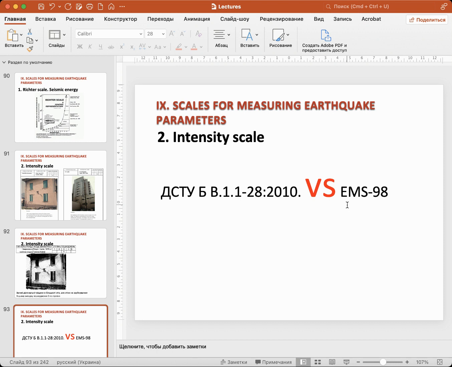It is called MSK after Medvedev, Sponheuer, Karnik: Russian, German, and, I don't remember, Serbian scientists. They created that MSK scale. Then Europeans made this EMS scale, and based on it, we developed our own Ukrainian scale. It is almost the same, but I will show you what differences we have between those scales.